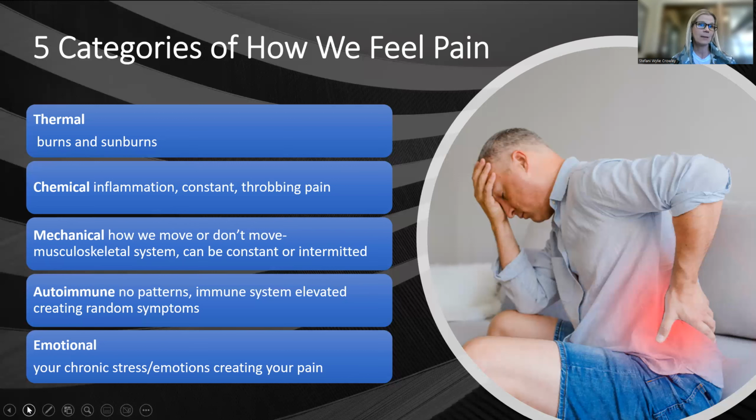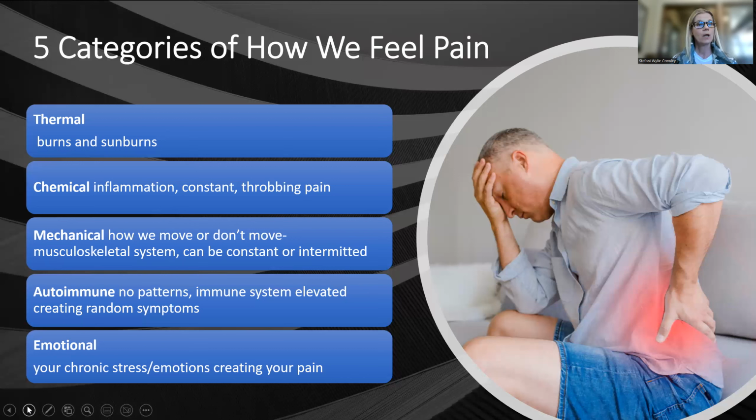So that's an example of, yep, there's chemicals that have happened, but we still want to make sure that we address the mechanics as well. But if it's constant aching, we might need to take some chemicals, some drugs, anti-inflammatories, pain pills, those kind of things, injections, in order to calm things down to where we can address the mechanics.